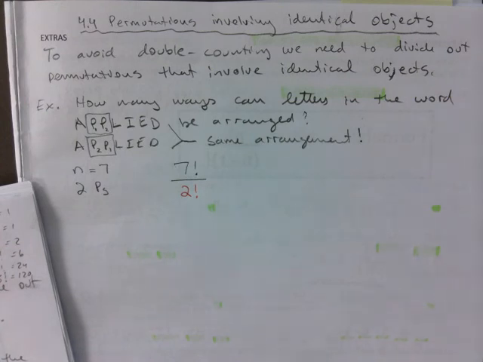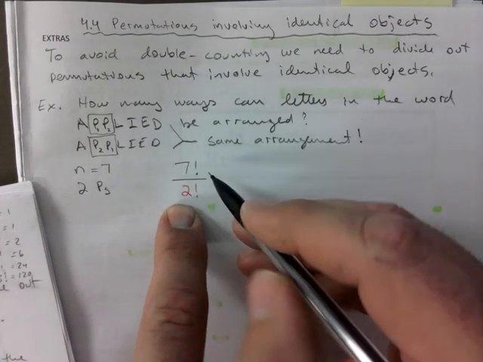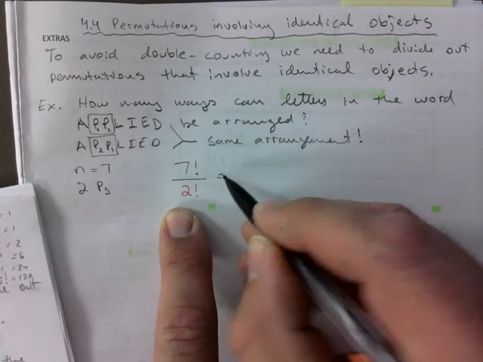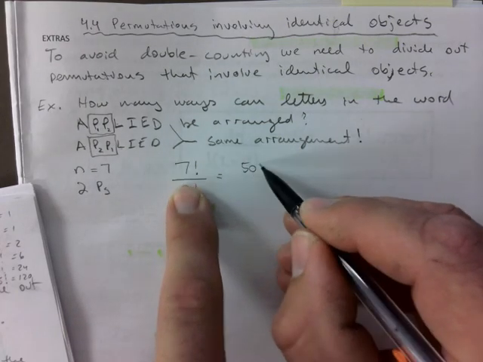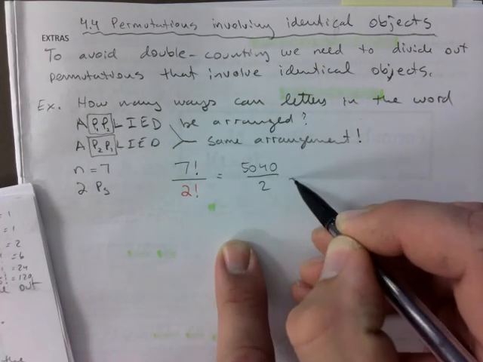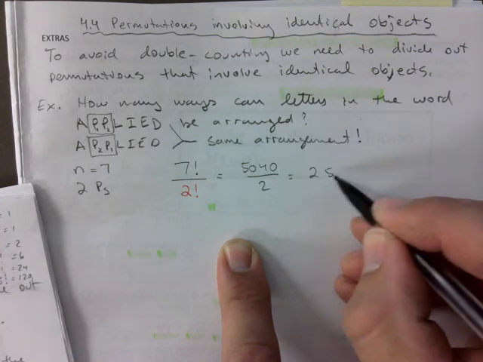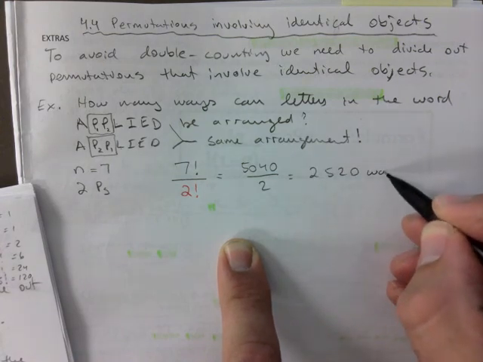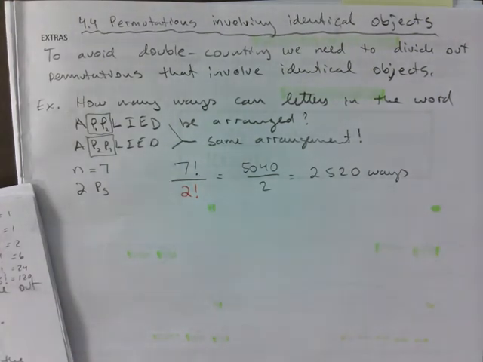This could be marbles, right? Red marbles, let's say. This could be coins. They're non-distinguishable. So 7 factorial is 5,040 divided by 2, which is really 2,520 ways that the letters can be arranged.